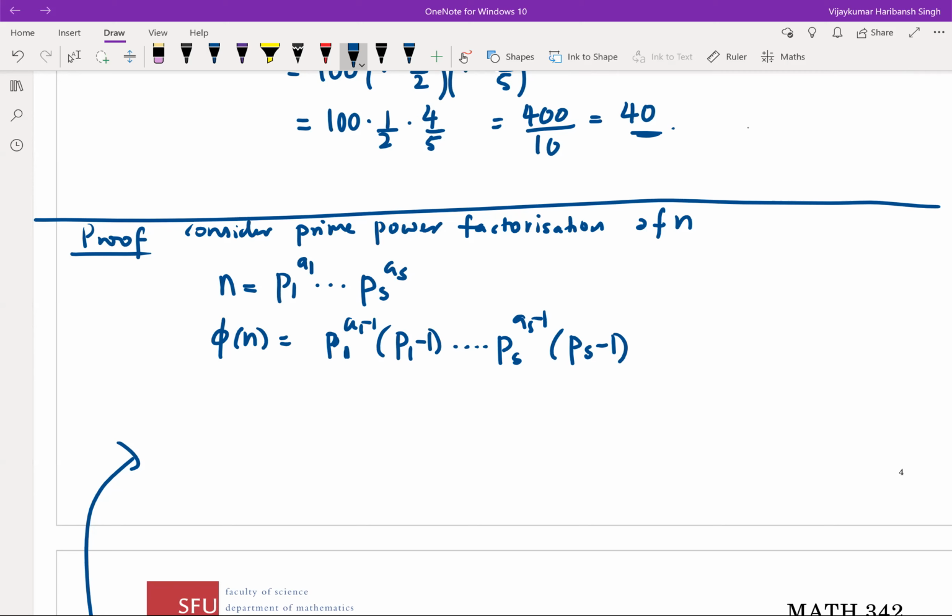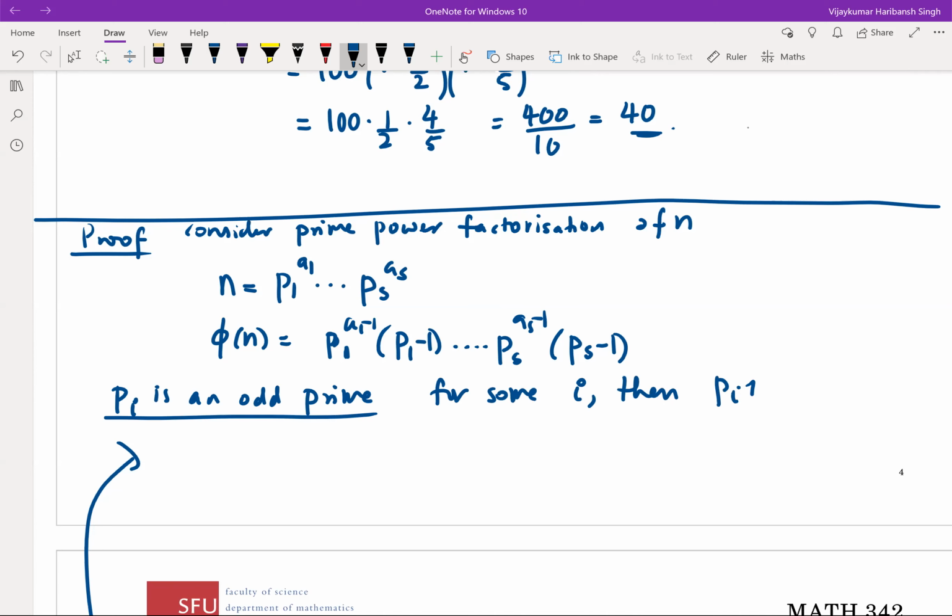Now clearly, if pi for some i is an odd prime, then pi minus 1 is even.